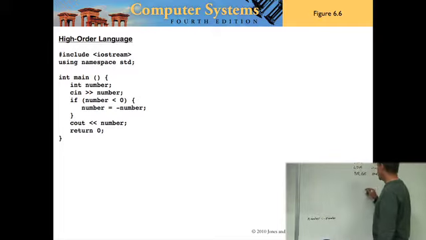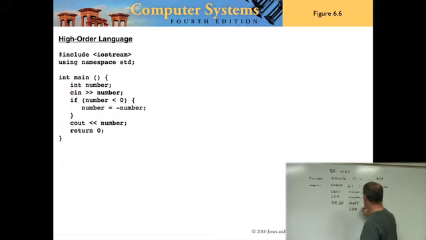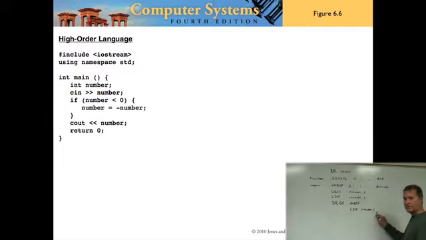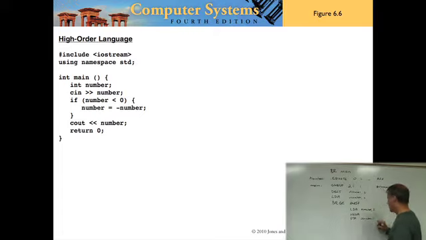So let's do that. So let's do number. So what did you say? Load accumulator, what? Number, addressing mode, stack relative. And then neg A. And then store accumulator, number, S. All right?